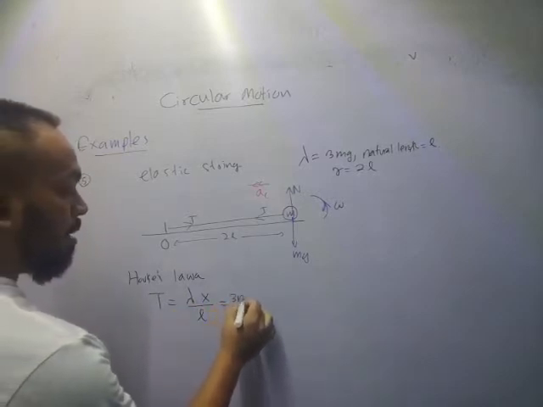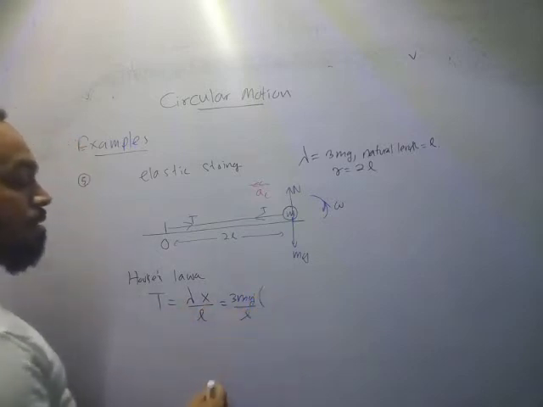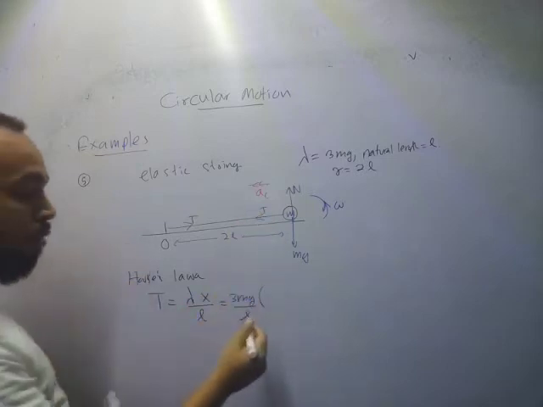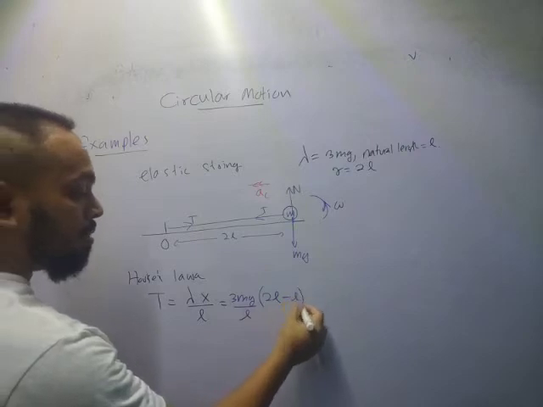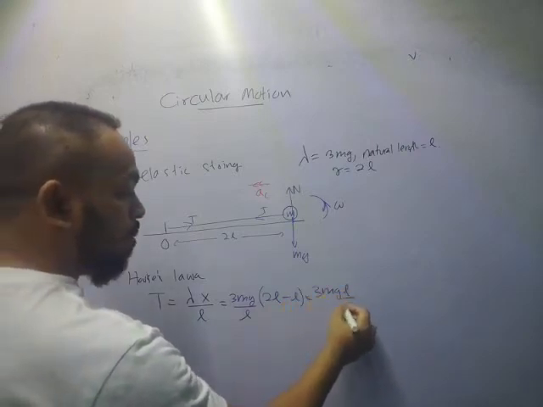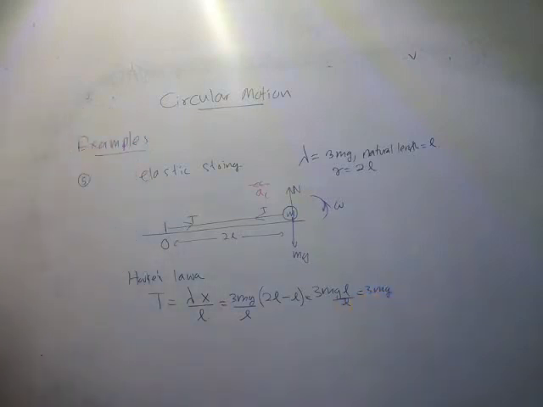This is 3mg divided by L. Extension is the length of the string at the moment, which is 2L now, minus its natural length. So the answer is 3mg L over L, 3mg. This is our tension, right?